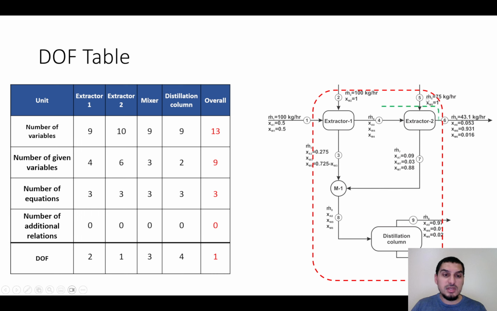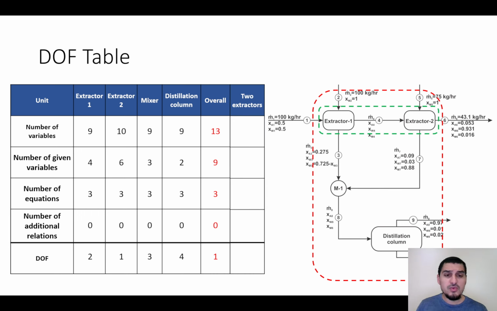So we can try this loop as a new system, which is the 2 extractors, and we can try doing the degrees of freedom analysis for these 2 extractors together. If we do this, we'll see that we are looking at streams 1, 2, 3, 5, 6, 7.